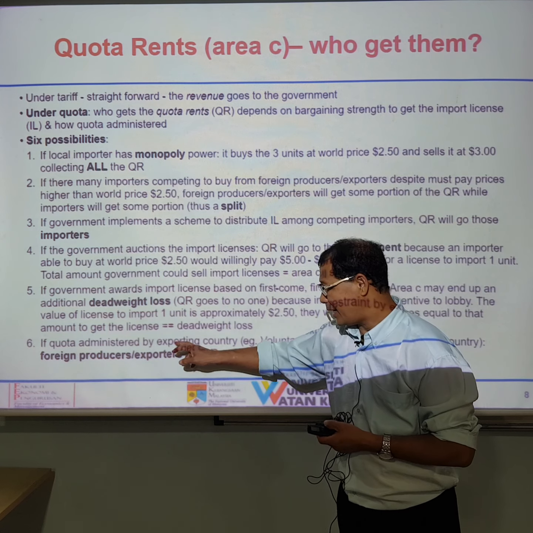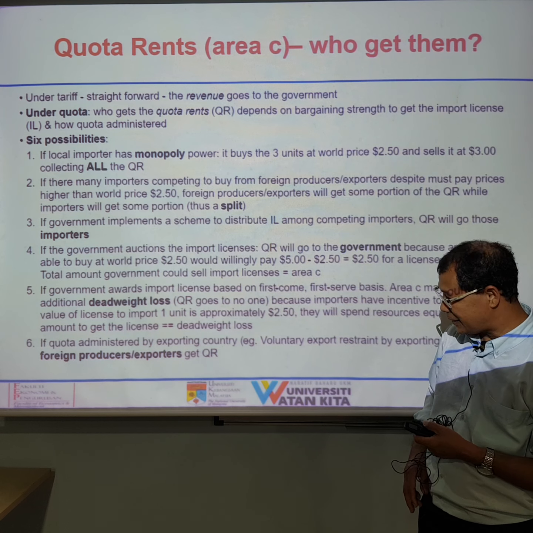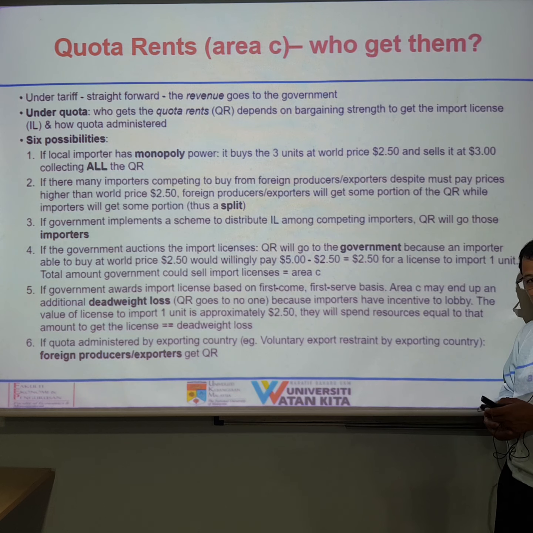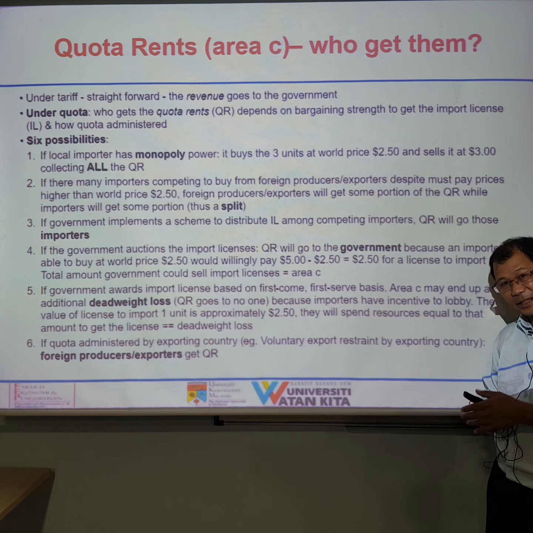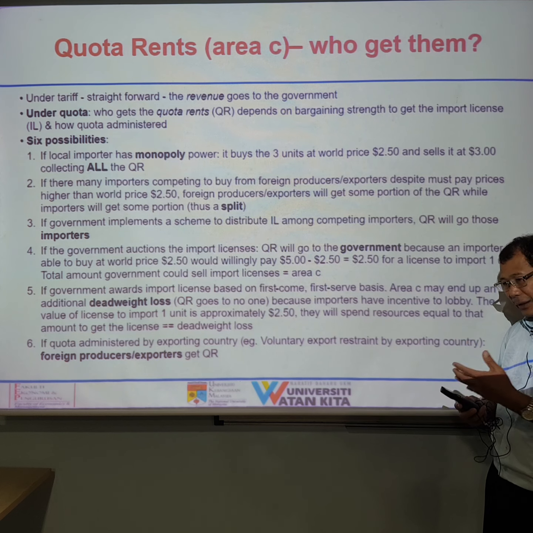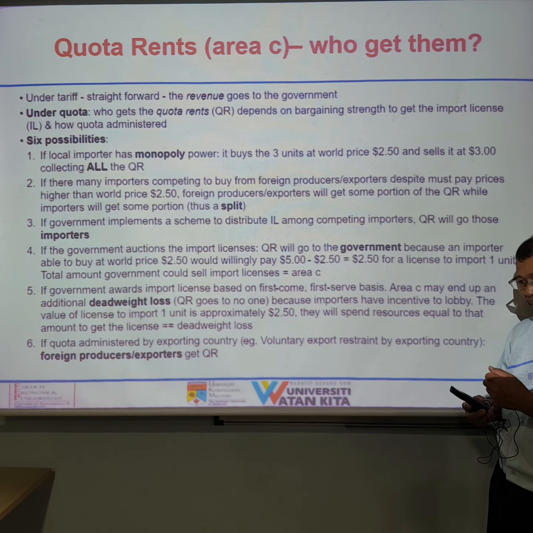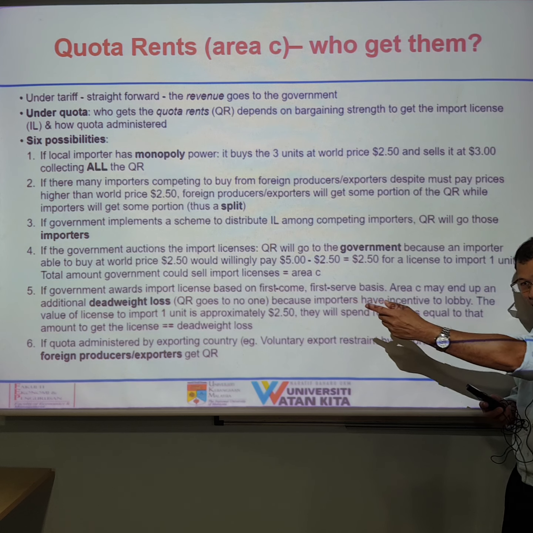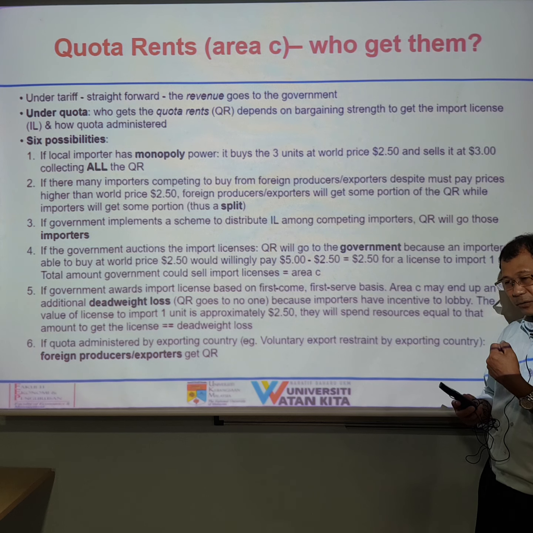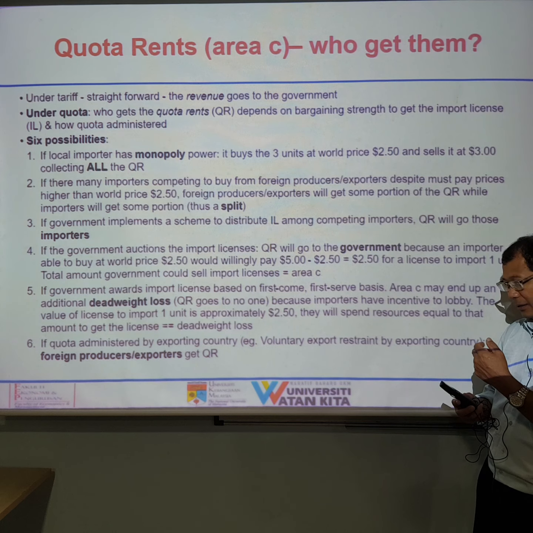if quota is administered by exporting country, for example, voluntary export restraint. It's not really voluntary, but they have negotiation. Because country B says we have a trade deficit because of you, country A, so you must do something.